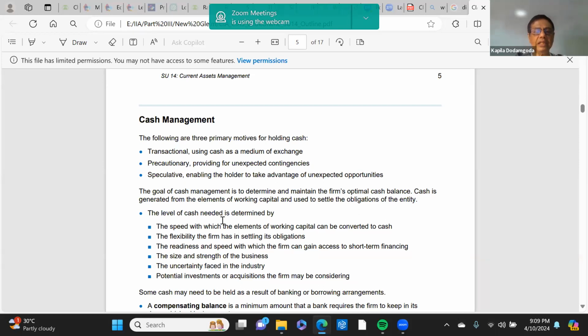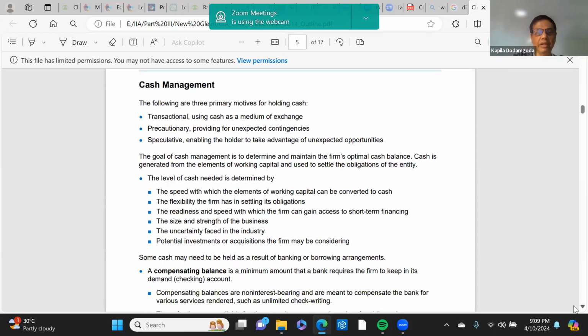The level of cash needed for the business will vary depending on many factors. So in the next couple of points, that is what we are trying to look at. How much cash is required is determined by the speed with which the elements of working capital can be converted to cash.